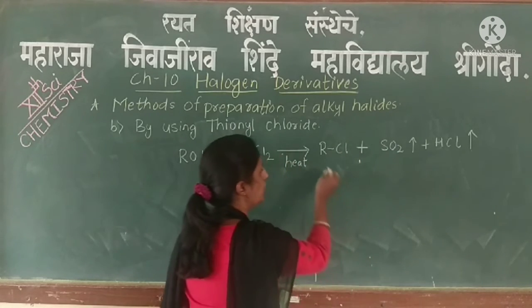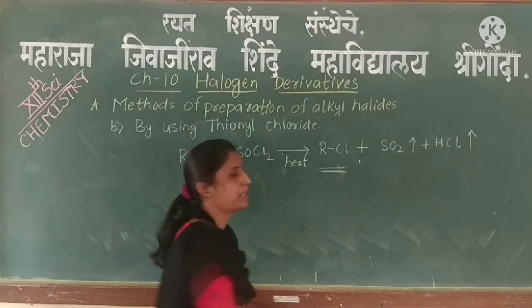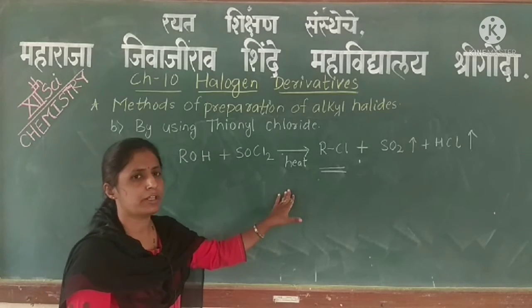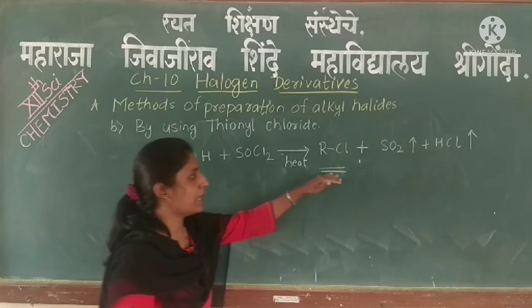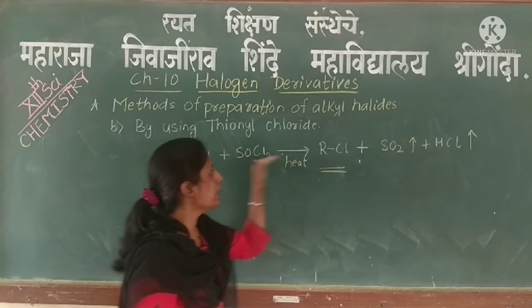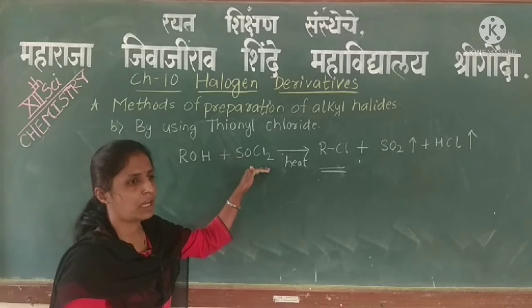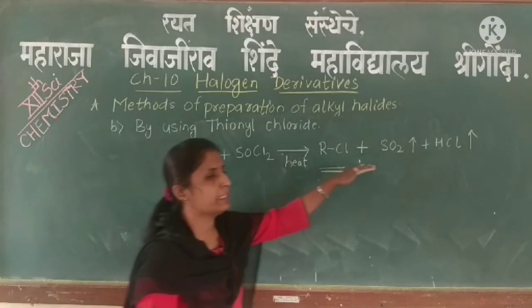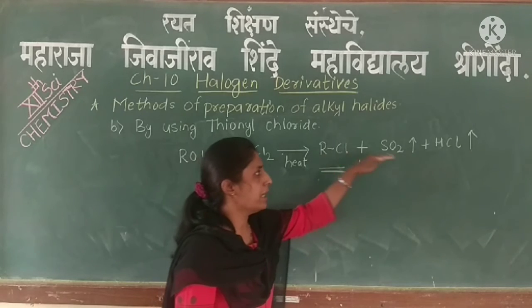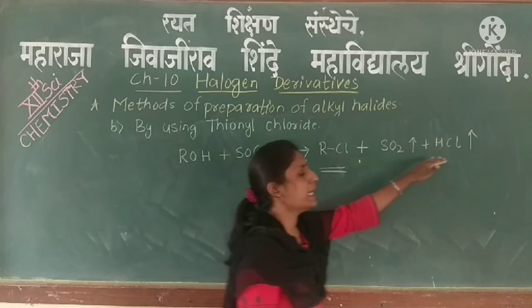So see here, you can directly separate out the alkyl halide from your reaction mixture. After reacting alcohol with thionyl chloride, you are getting 3 products: alkyl chloride, SO2 and HCl.